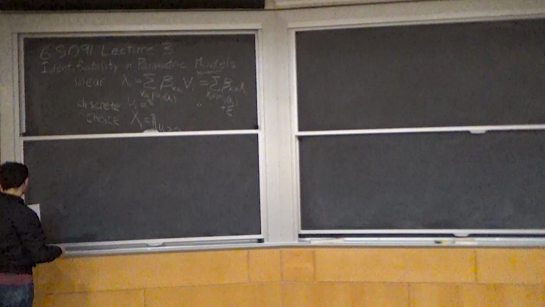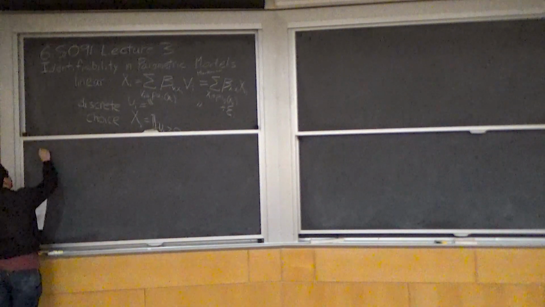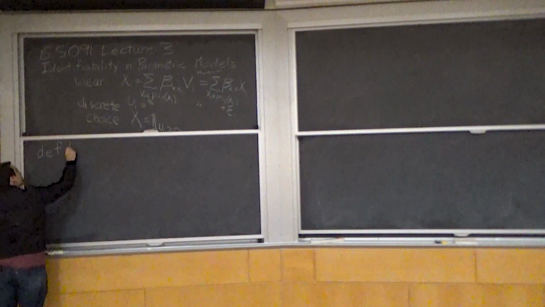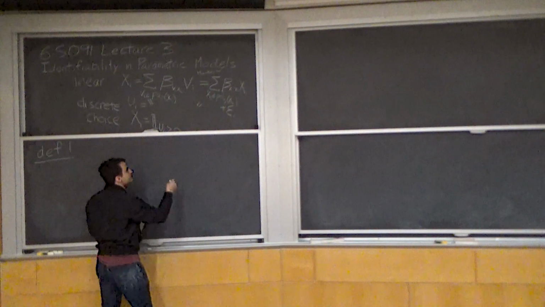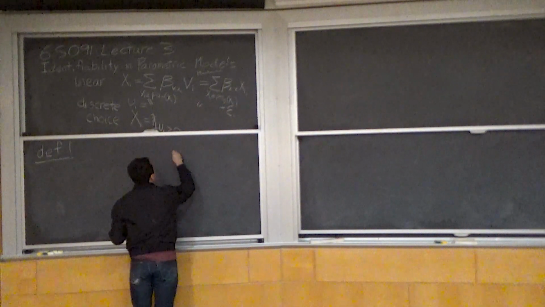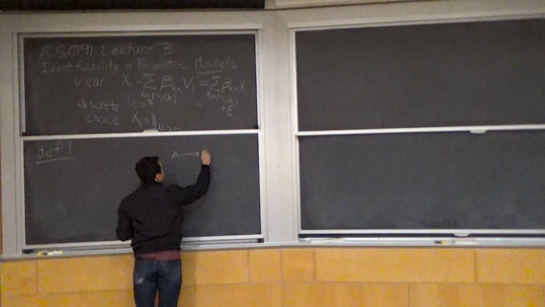So let's define what we mean by an instrumental variable model. What we're thinking of is that we have a variable A whose effect on Y we want to measure.